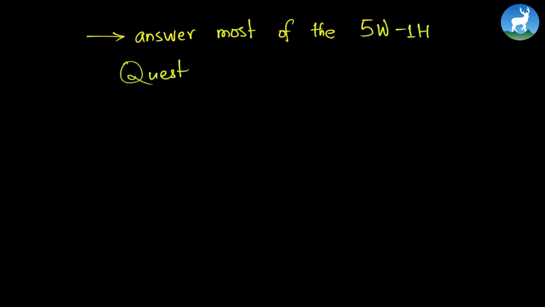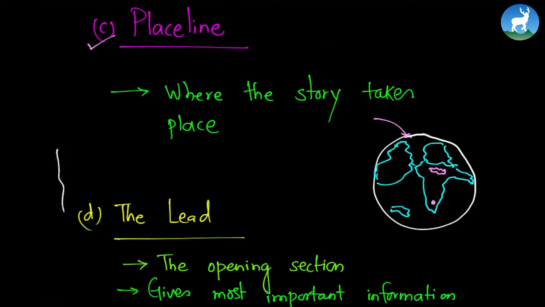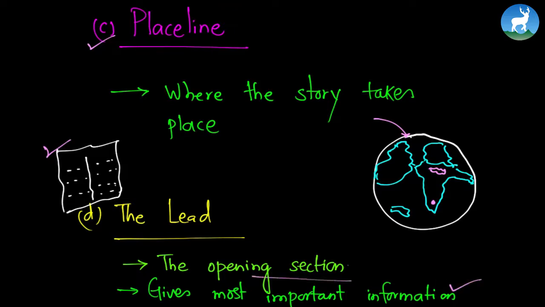So the lead gives you a lot of information. Whenever you read something, you get information, right? So the lead is the source of information. The placeline is where the story takes place, while the lead gives the most important, most significant information. It is also known as the first paragraph or the opening section.